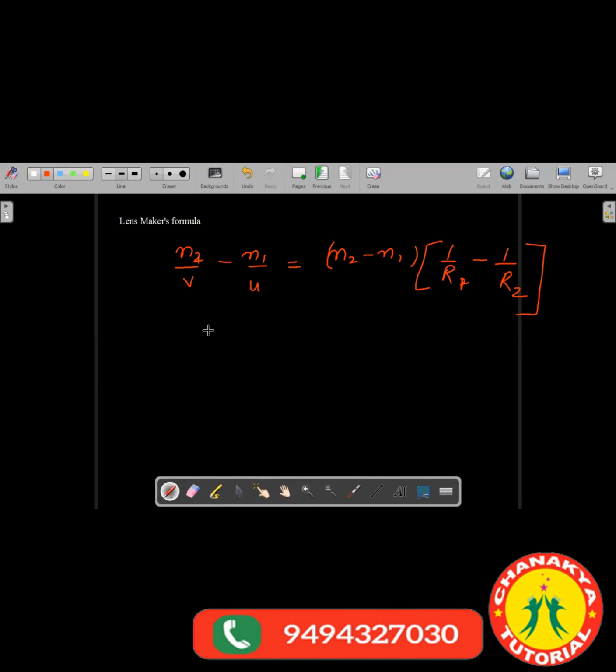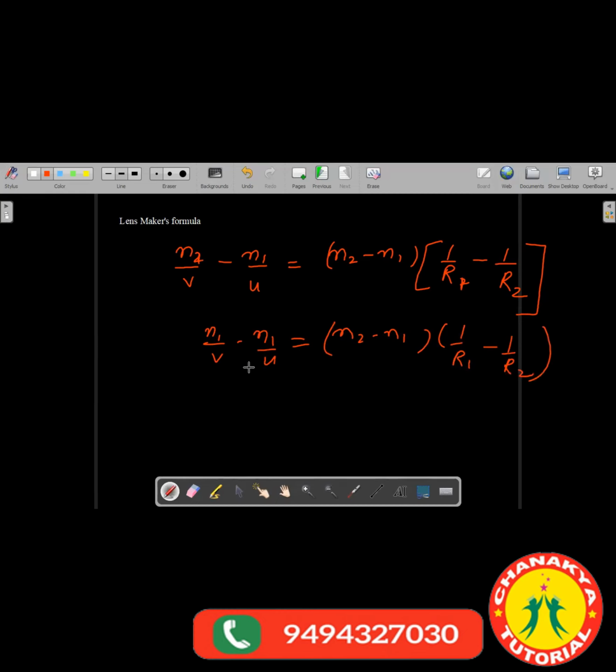So you can write it as N1 by V minus N1 by U equals N2 minus N1 multiplied by 1 by R1 minus 1 by R2. So this is how this should be remembered.